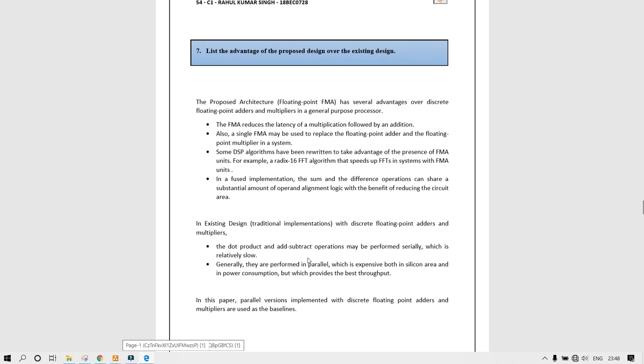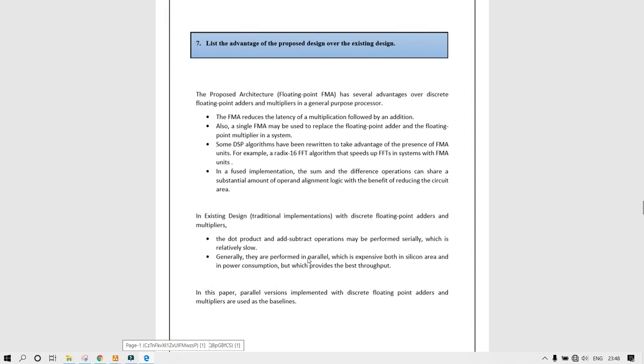The next question lists the advantages of the proposed design over the existing design. The proposed architecture has several advantages over discrete floating point adders in a general purpose processor. For example, the FMA reduces the latency of multiplication followed by addition. Also, a single FMA may be used to replace a floating point adder and a floating point multiplier.